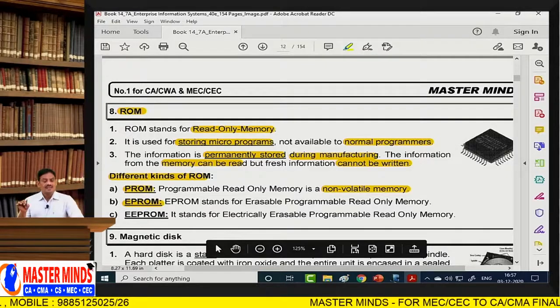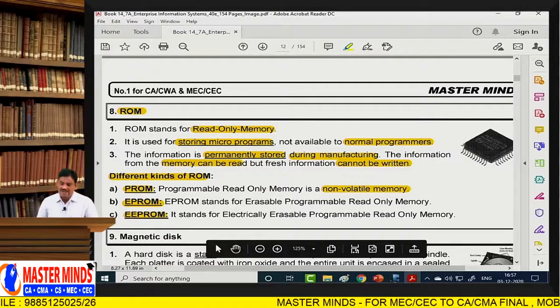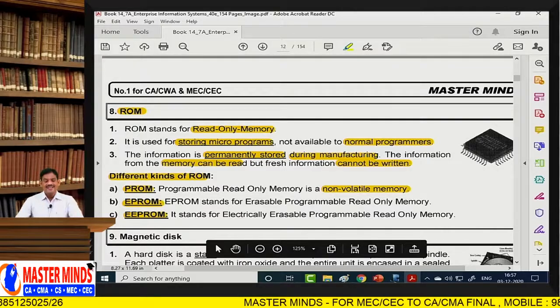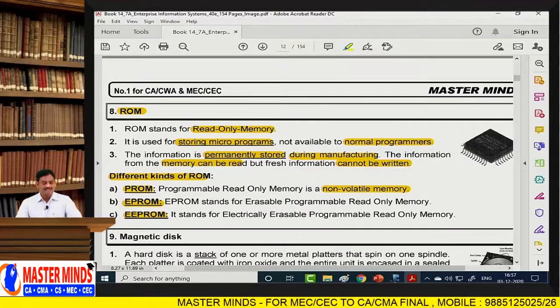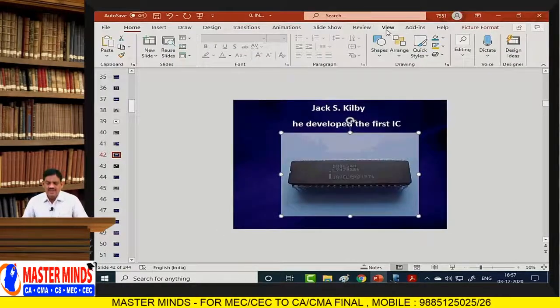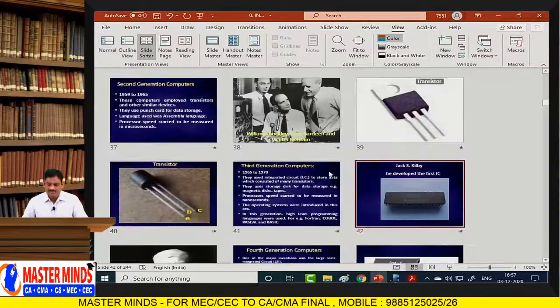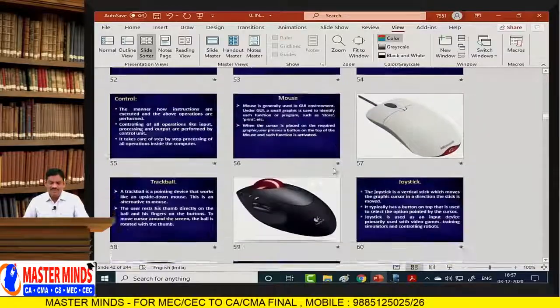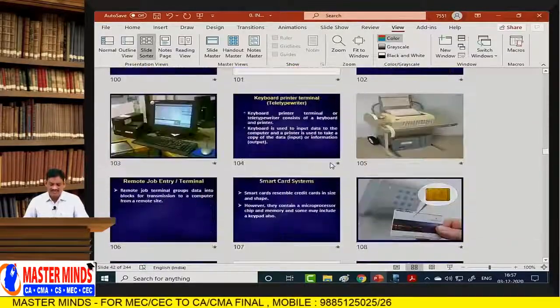EEPROM, electrically erasable programmable read-only memory: here, by using electricity, you can erase the program elements. I will show you the different elements in read-only memory. Let us see one by one.